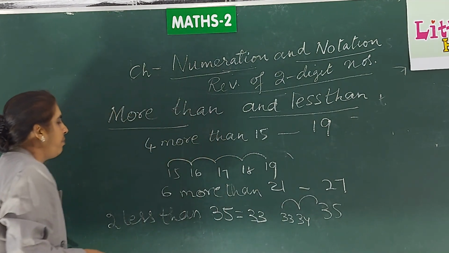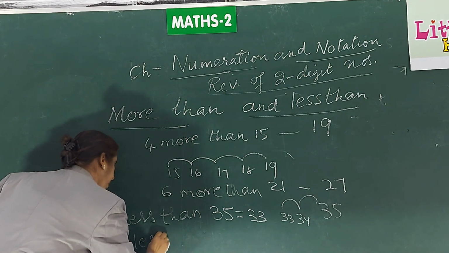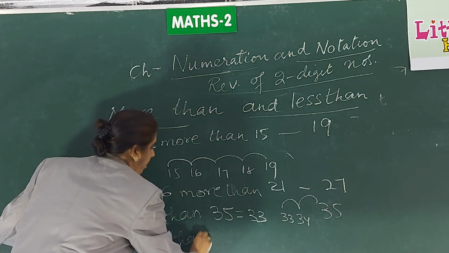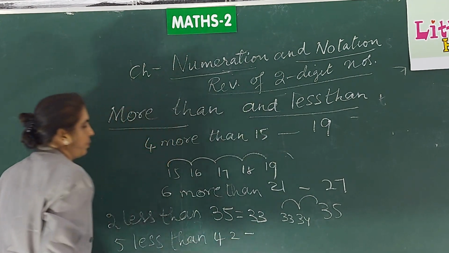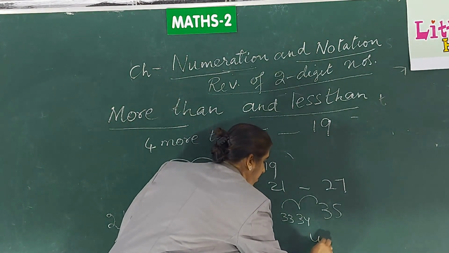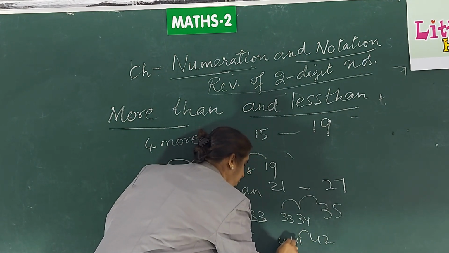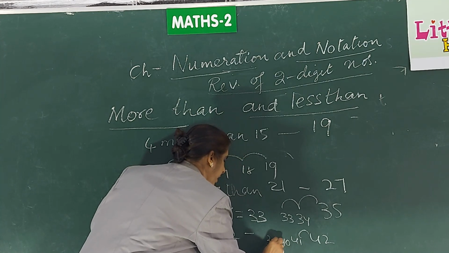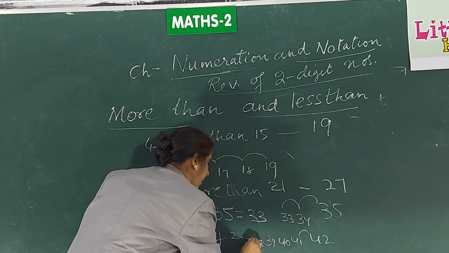So less than means backward counting. 5 less than 42. 41, 40, 39, 38, 37.